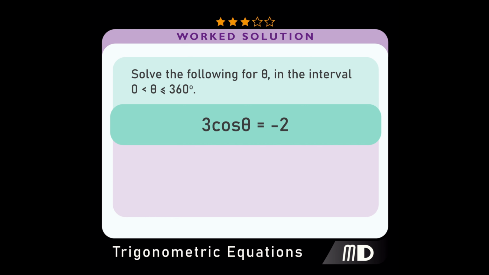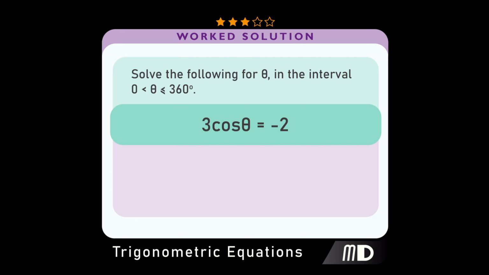Before using a quadrant diagram, we first draw the angle in the correct quadrant. Then, using that as a reference, find values of theta that satisfy the equation in the question within the interval 0 to 360 degrees.